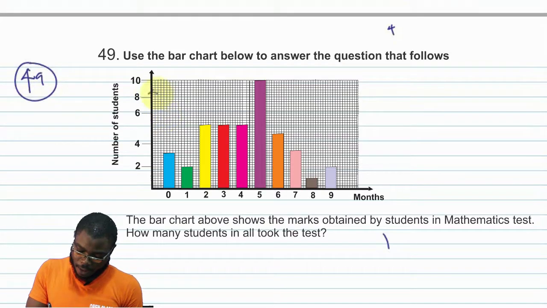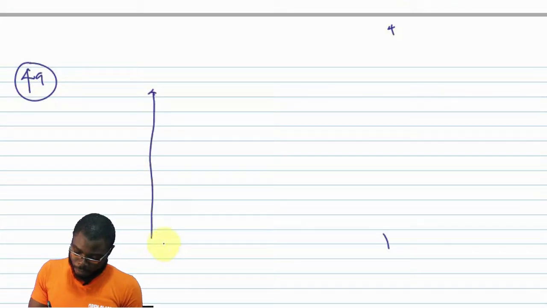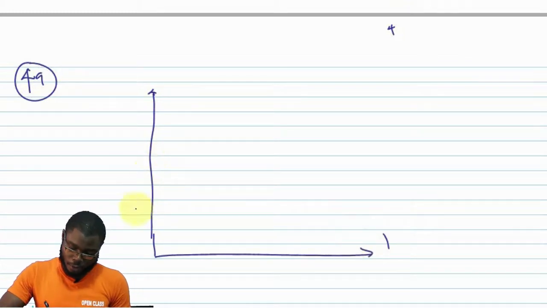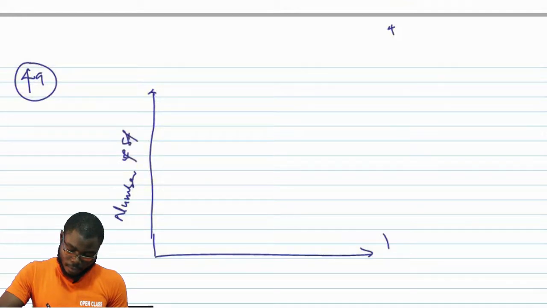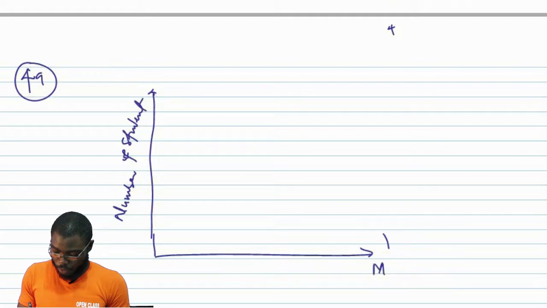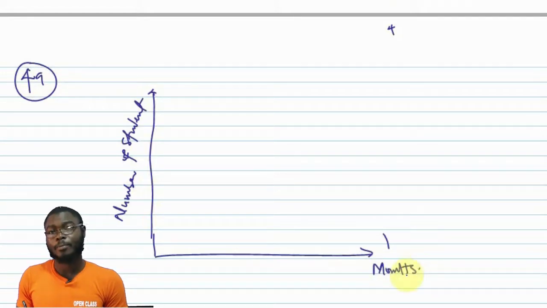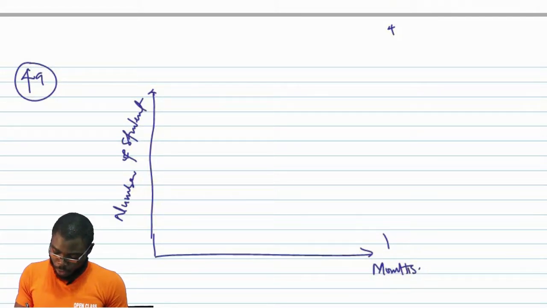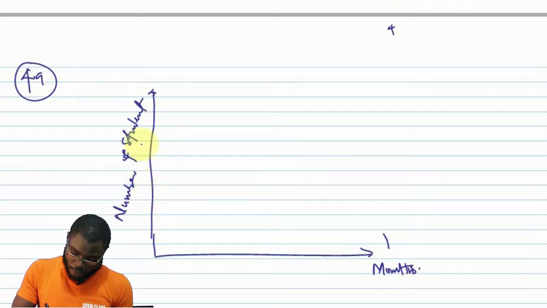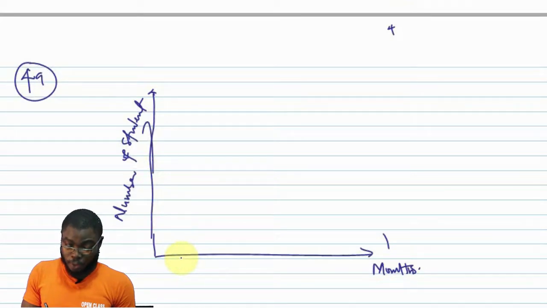What you have there in the graph is the number of students, and then here you have the scores. So just sum up the values you're having right here. You start from 0 here, which is at 3.